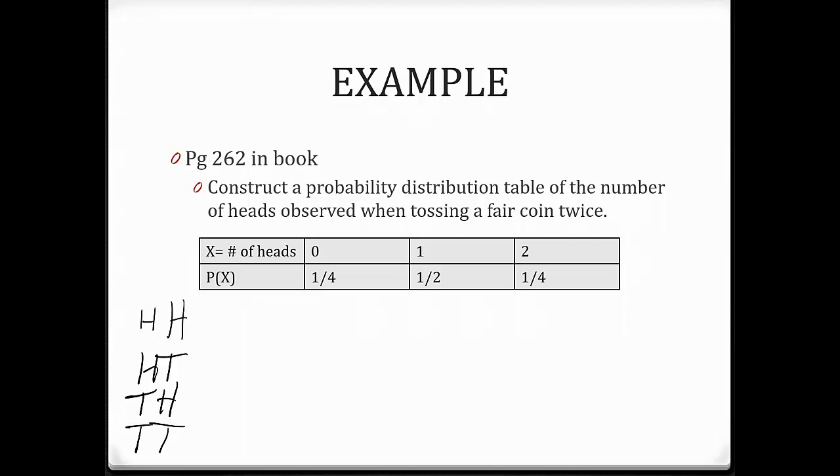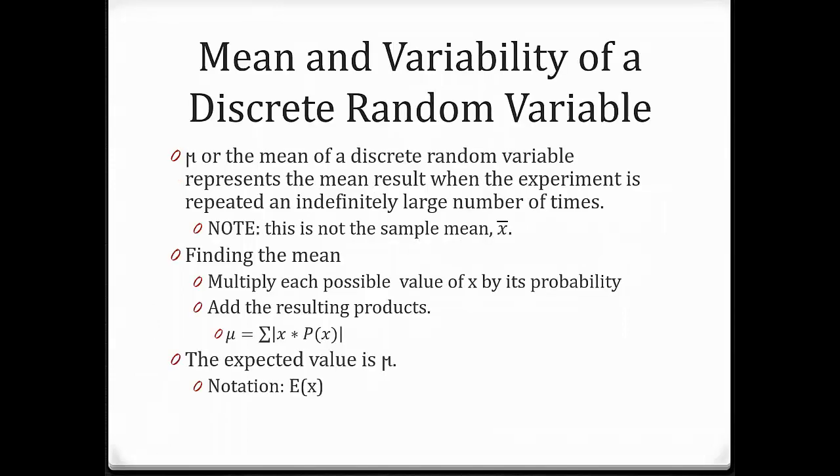And then the probability of finding 2 heads was down to 1/4 because that was only one of the options. So that's what I mean when we're talking about a discrete random variable. When we're talking about a discrete random variable, we're talking about mean and variability of a discrete random variable, or expected value.